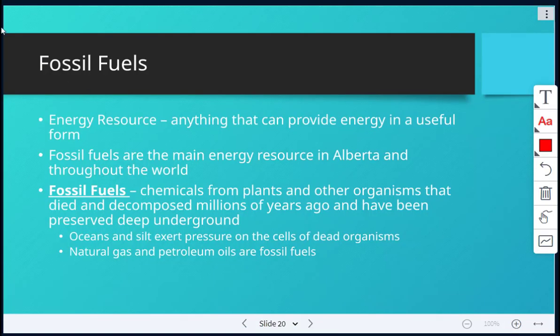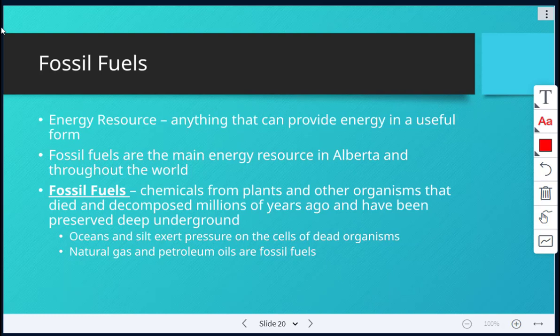Fossil fuels, it's an energy resource, so anything that can provide energy in a useful form is an energy resource. Fossil fuels, they are the main energy resource in Alberta and throughout the world. So reminder, what are fossil fuels?